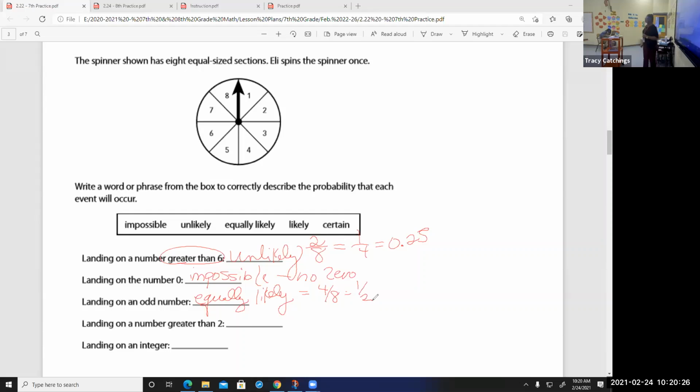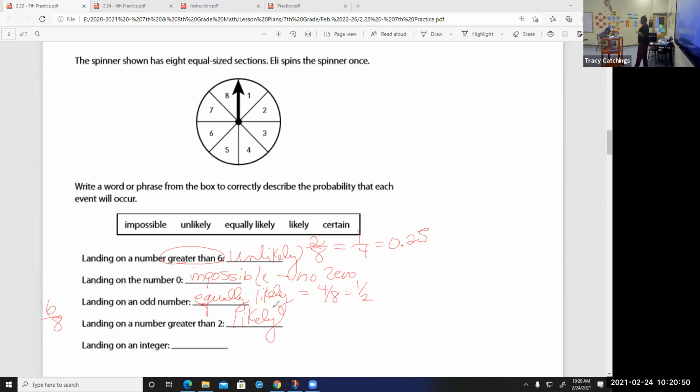Mix, half and half of it. How many are greater than 2? 6. So what category would you put that down? Good job, likely. It's between a half and a whole.